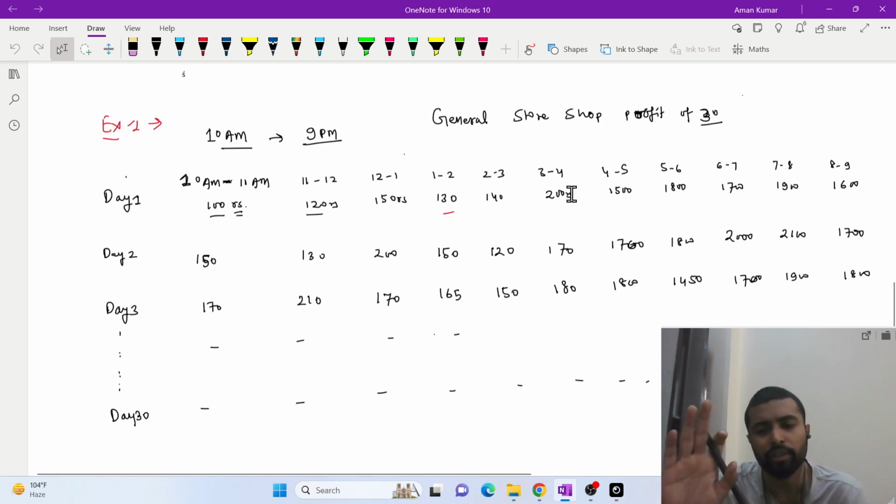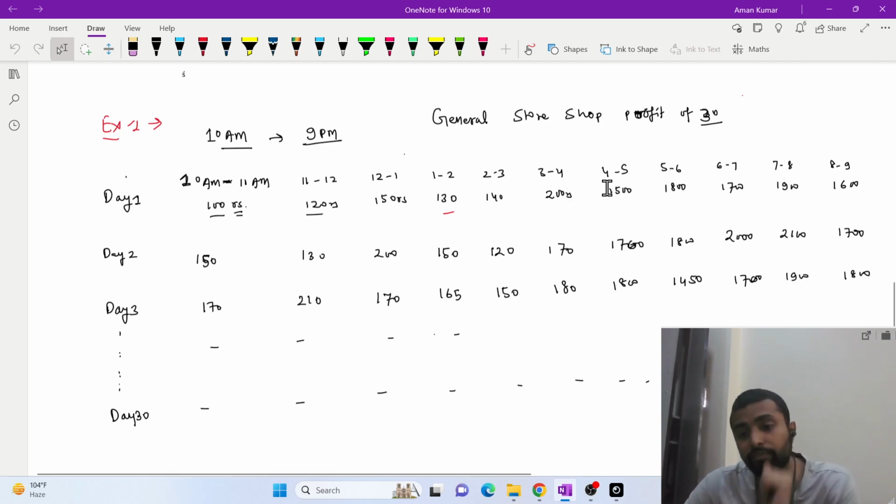So on average we are getting 800 rupees from 10 a.m. to 4 p.m. But in just 1 hour we are getting 1500, as you can see. And if I add 4 p.m. to 9 p.m., it becomes almost 6000.